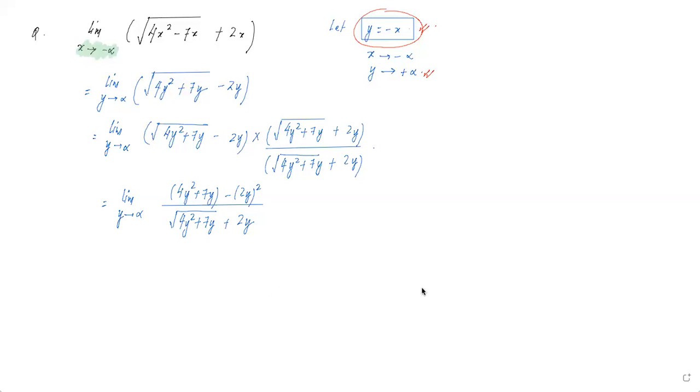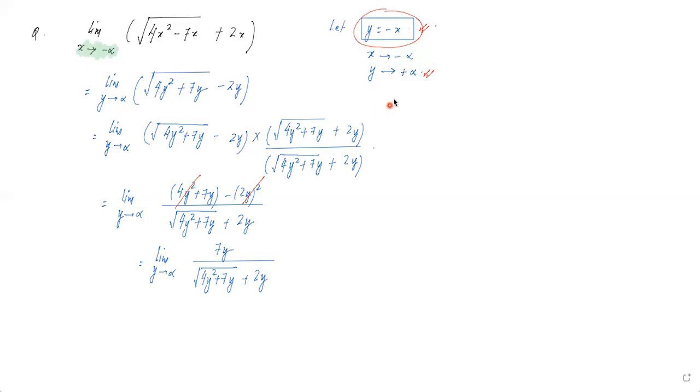Outside we have plus 2y. Now we get to see this 4y square and this 4y square got cancelled. So हमारे पास अब क्या बचा है? Limit y tends to infinity. In the numerator we have 7y, and denominator the same term, square root of 4y square plus 7y plus 2y.